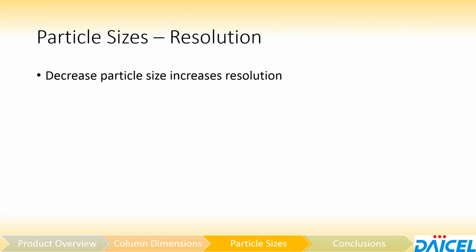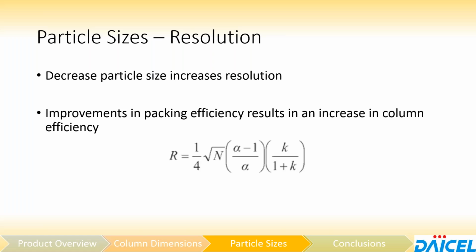All right, so let's move on to talking about particle sizes and changing particle sizes. We started the column dimensions off with resolution, so we'll start particle sizes off with resolution as well. If we decrease our particle size, we should expect to see an increase in resolution. The improvements in packing efficiency result in an increase in the column efficiency.